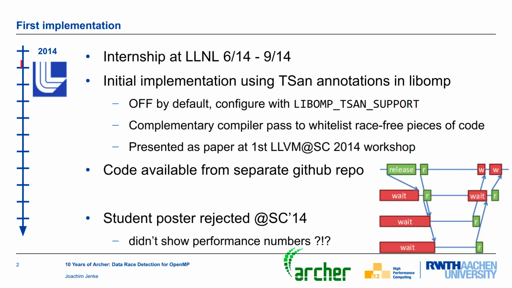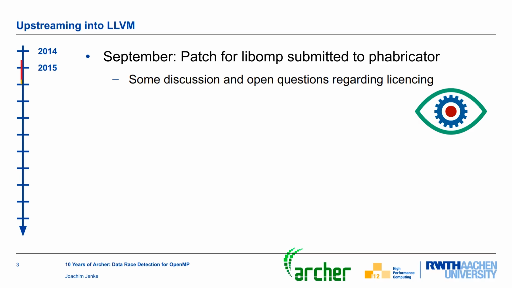We also tried to submit a student poster at Supercomputing, but it was rejected because we only showed the correctness results, but did not show performance numbers. In September 2015, we started the upstreaming endeavor and submitted a patch for libomp in Phabricator, which is the code review framework for LLVM.